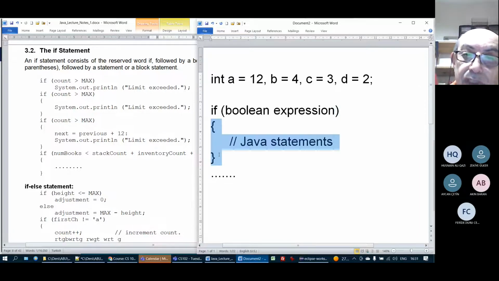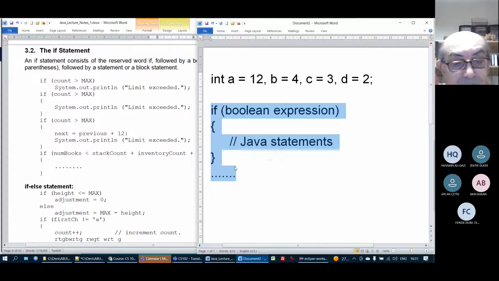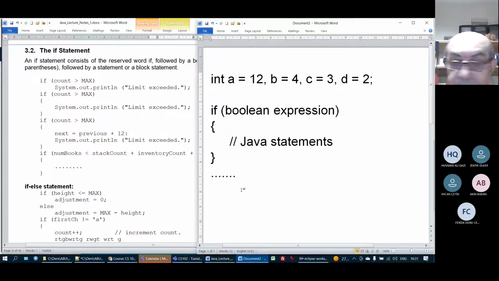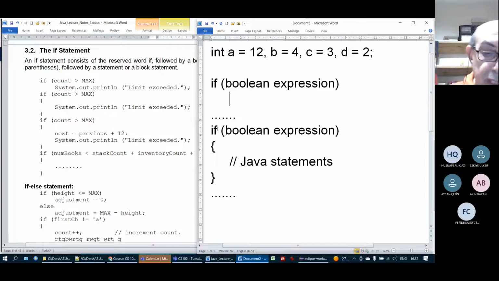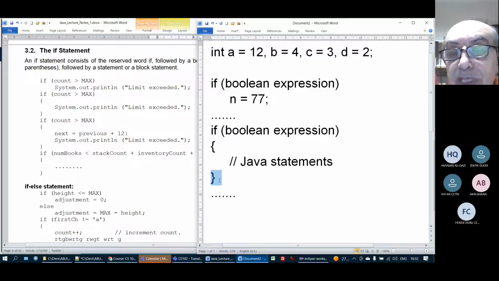And if there's only one statement, you can do something like this. Let's copy this. If there's only one statement, for example, n is equal to 7, let's put a statement here. If there's a single statement, you don't need to put curly braces.